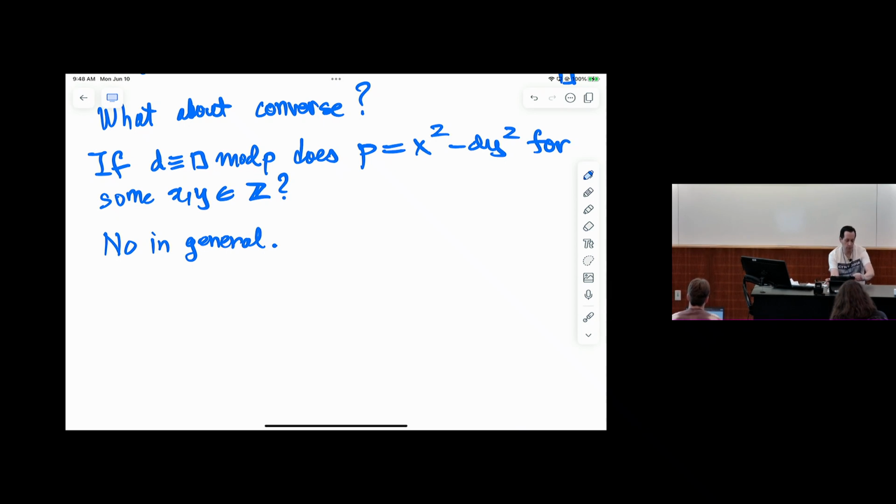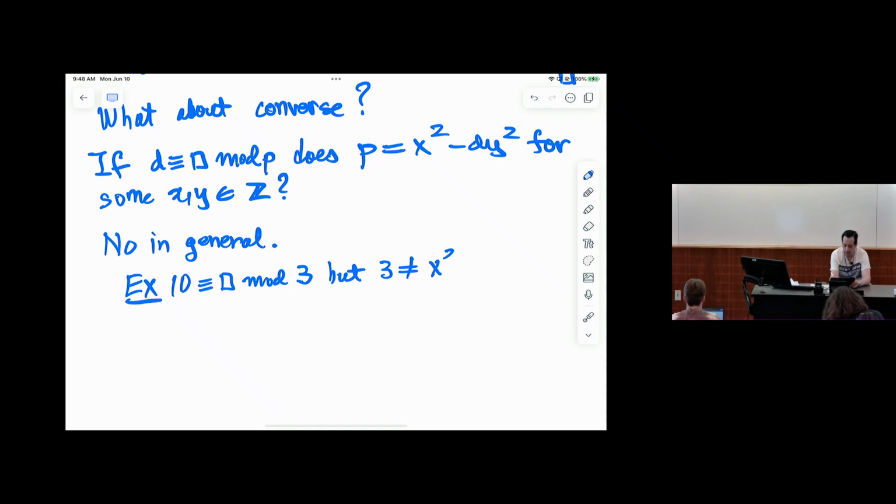Let me show you two examples. So, for instance, one example could be, where am I here? I'm looking at my notes. d is 10, and 10 is a square mod 3, since 10 is 1 mod 3, but 3 is not x squared minus 10y squared.